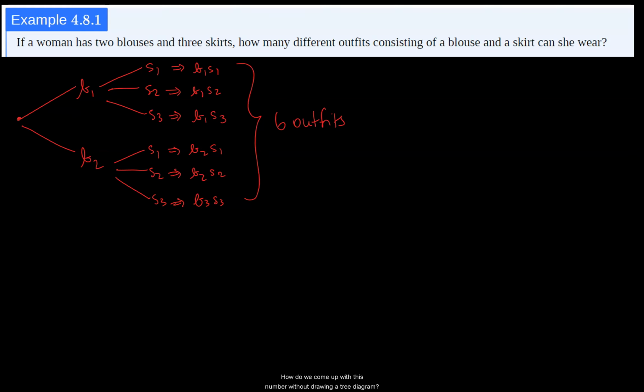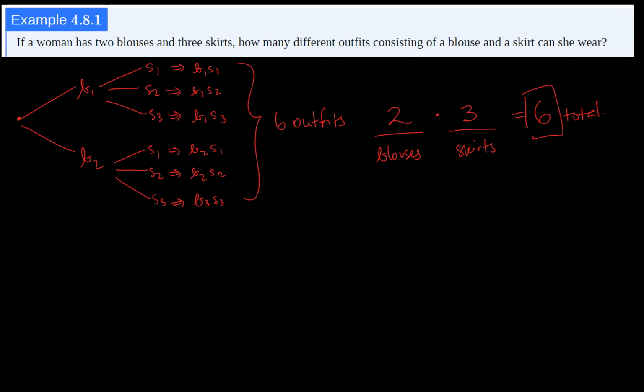How do we come up with this number? Well, without drawing a tree diagram, we can say how many blouses times how many skirts. She had 2 blouses and 3 skirts, and that gives us 6 total outfits using that multiplication principle.